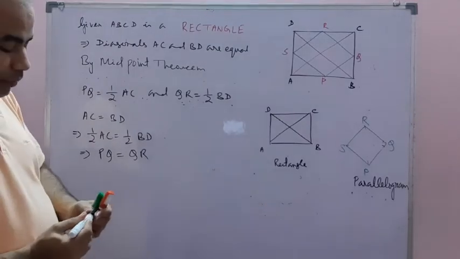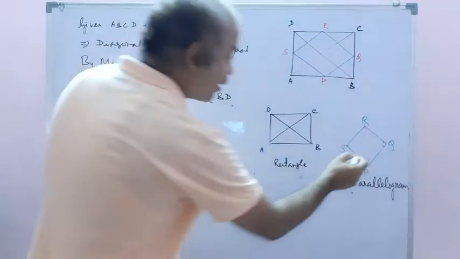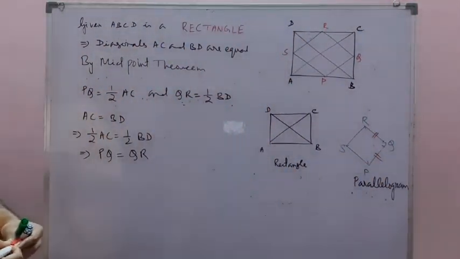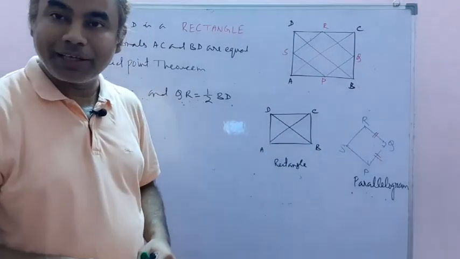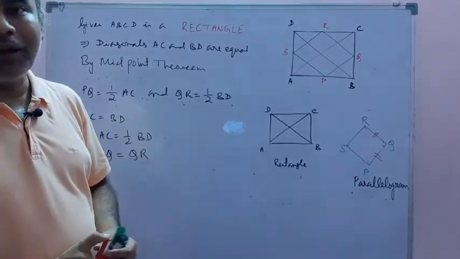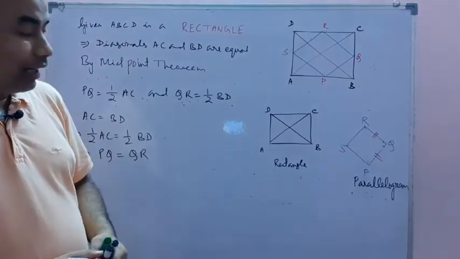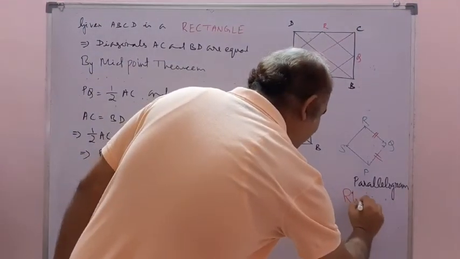Which two sides are equal? PQ and QR, these two sides are equal, and these are two adjacent sides of the parallelogram PQRS. Now if one pair of adjacent sides of a parallelogram is equal, then what is the name of that parallelogram? Rhombus.